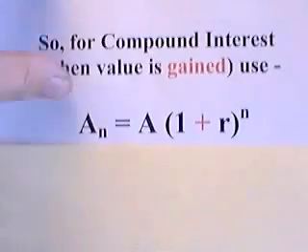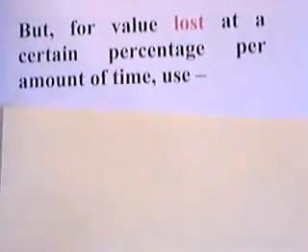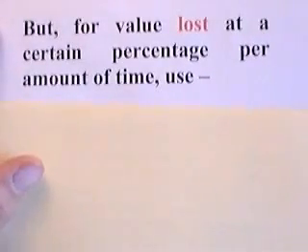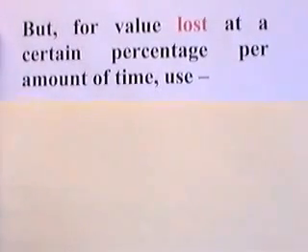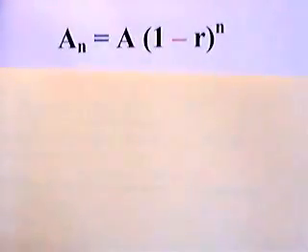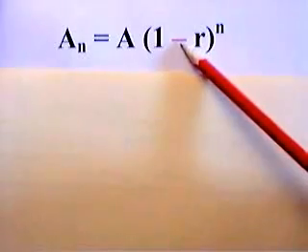Alright? Compound interest. But for value which is lost at a certain percentage per amount of time, usually per year, you can use the same formula but this time with a minus sign.